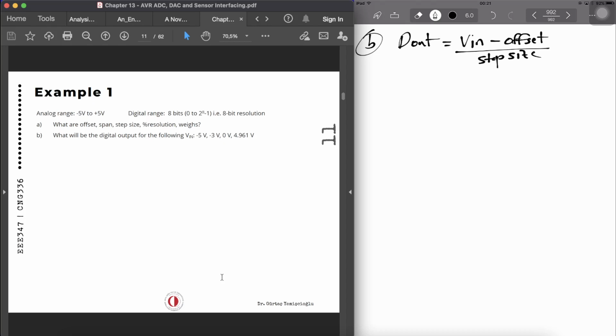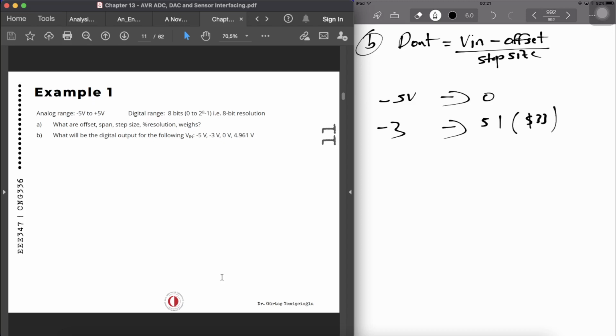So when we think about -5 volts, this is going to be 0. For -3 volts, this is going to be 51 or 0x33.